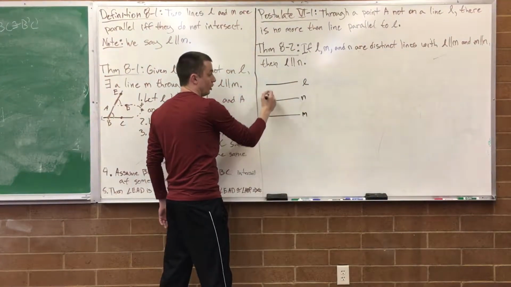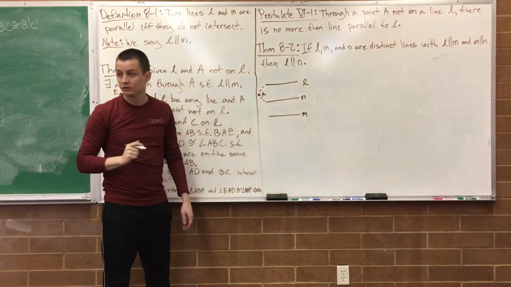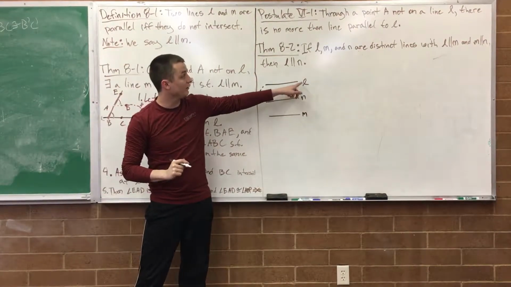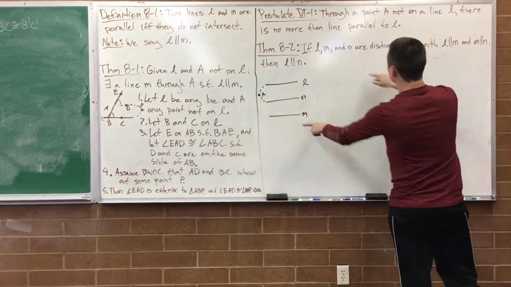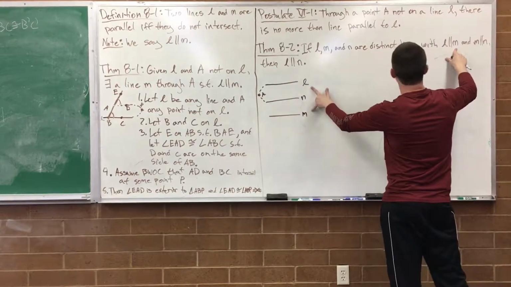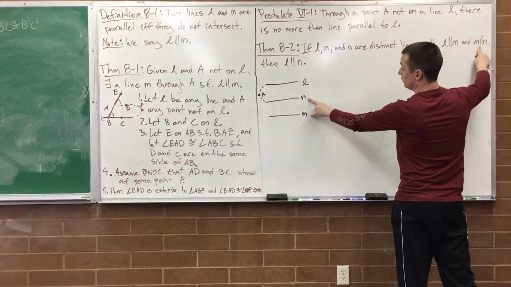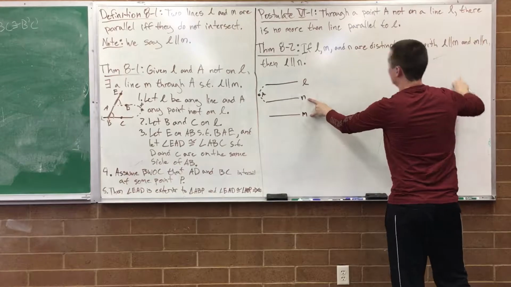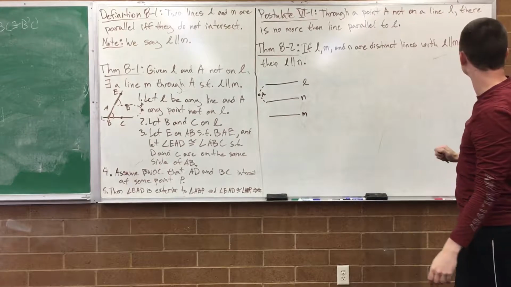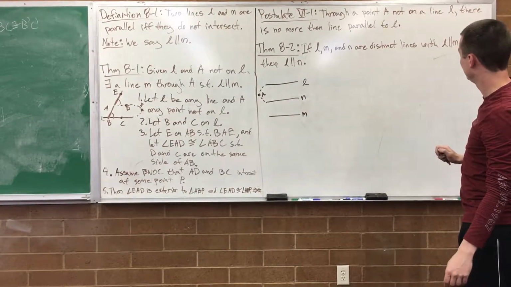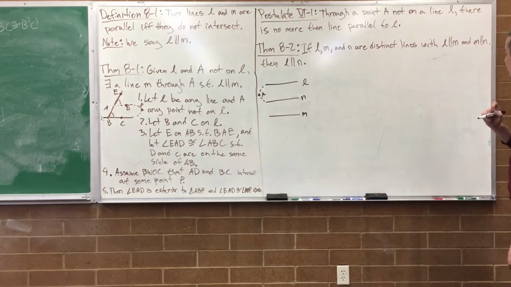So if L and N are not parallel, then they eventually intersect through some point A. But we have that L is parallel to M, and M is parallel to N. So if those two intersect, how is that our contradiction? I'm missing something obvious.